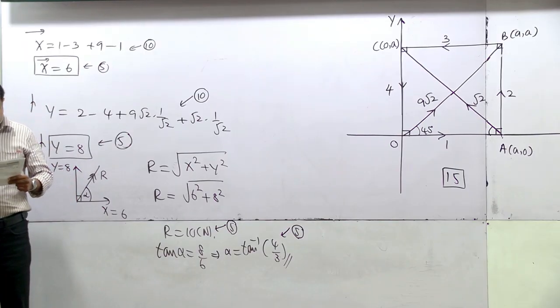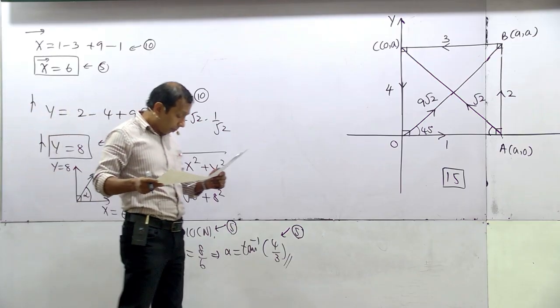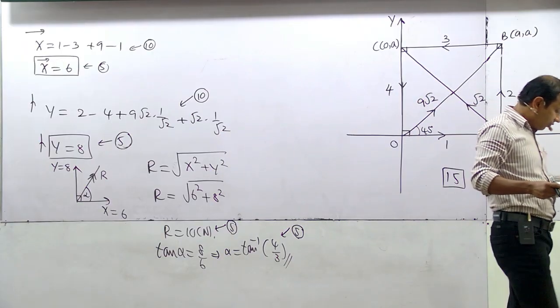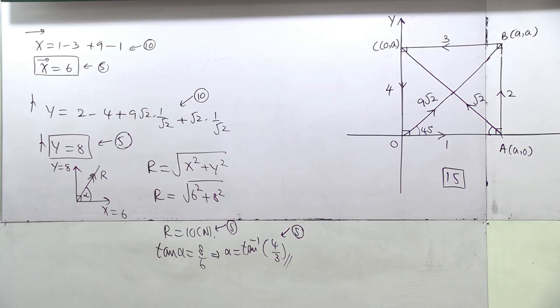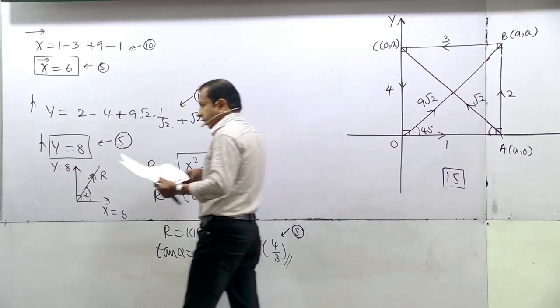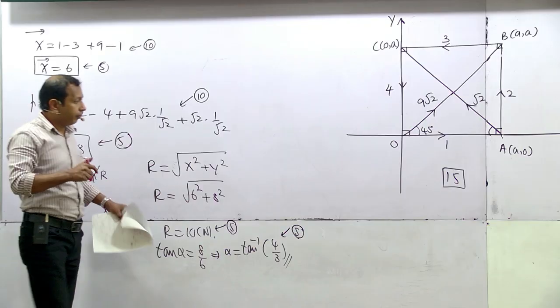Now, what is actually asked? If the resultant force cuts the OX axis at N, find ON. Right. Resultant force cuts OX axis at N, given here.